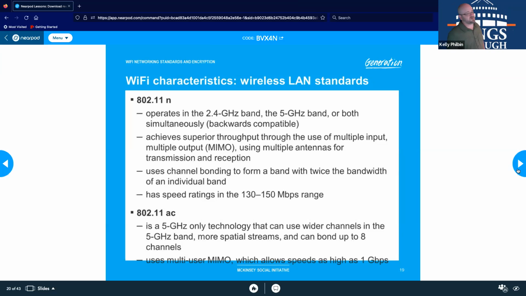And this is where we started implementing what's called MIMO technology. So you see those routers where it looks like an upside down spider, with all the antennas sticking up from them? That's MIMO in action. That's multiple antennas for transmission and reception, multiple input, multiple output. So MIMO.